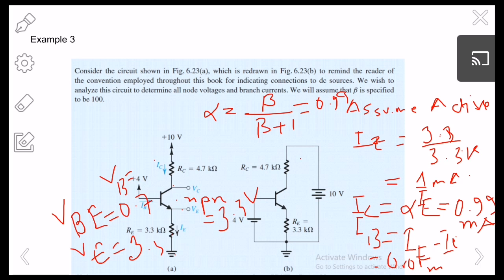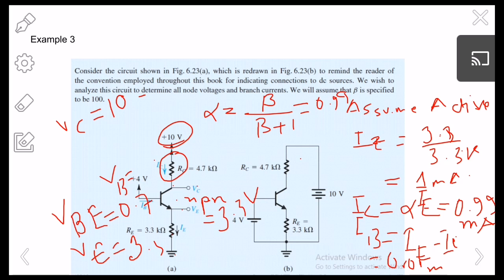So I have found IE, I have found VB, VE. I need to find VC now. So what is the value of VC then? You can easily understand, the voltage here will be dropped across this resistor, so VC is nothing but 10 minus IC times 4.7k.